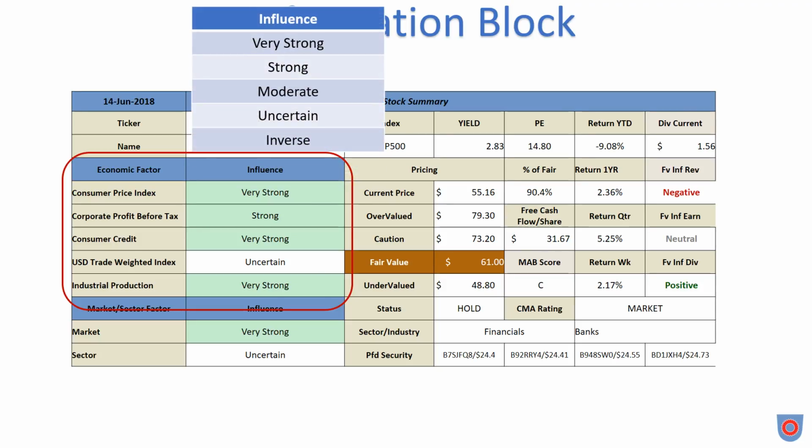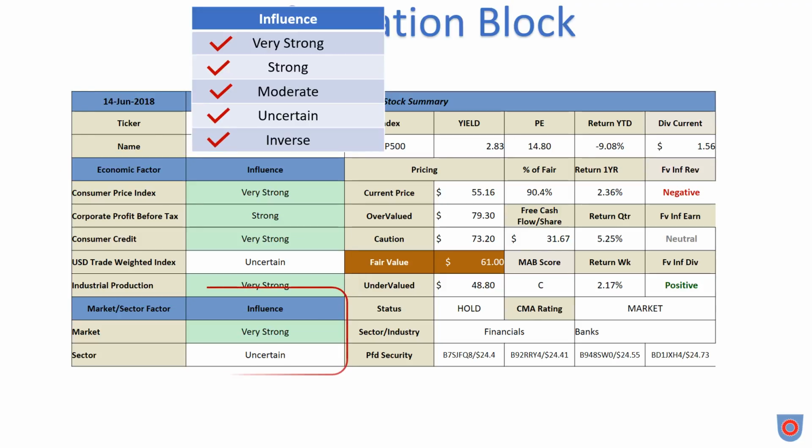The classifications can be very strong, strong, moderate, uncertain, or inverse. The individual stock is also classified according to the strength of the relationship the stock has with the market overall and the respective sector. These are also classified according to the strength between the market, sector, and stock.